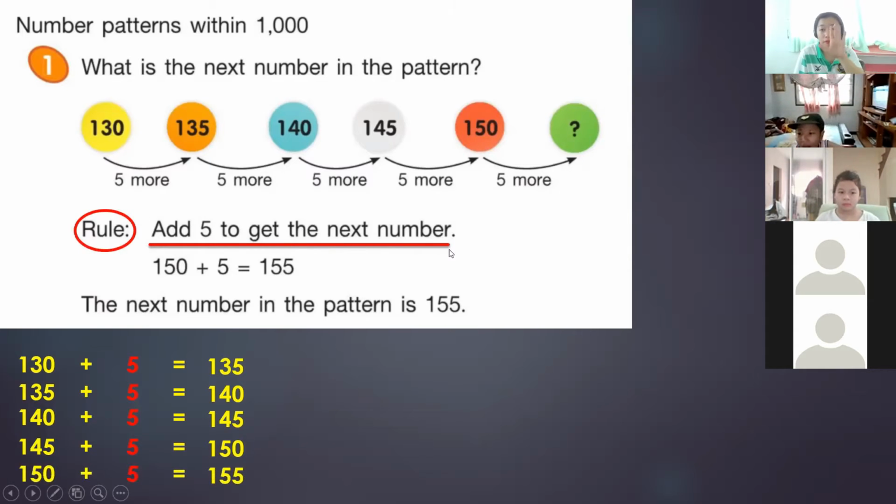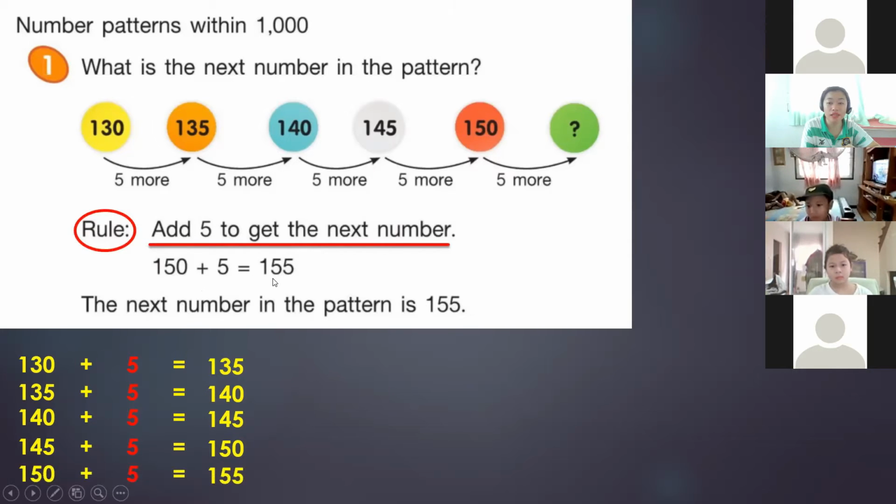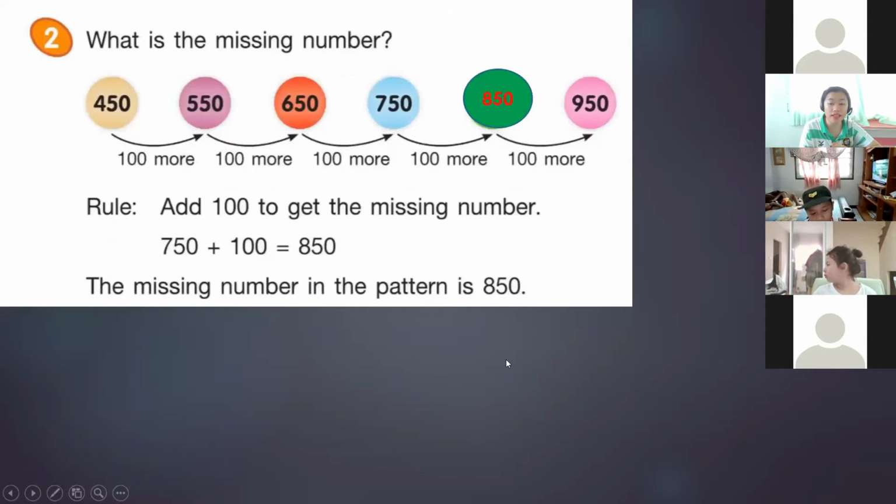We're going to add 5. So 150 plus 5 is equal to 155. The next number in the pattern is 155. Let's move on to the next number.